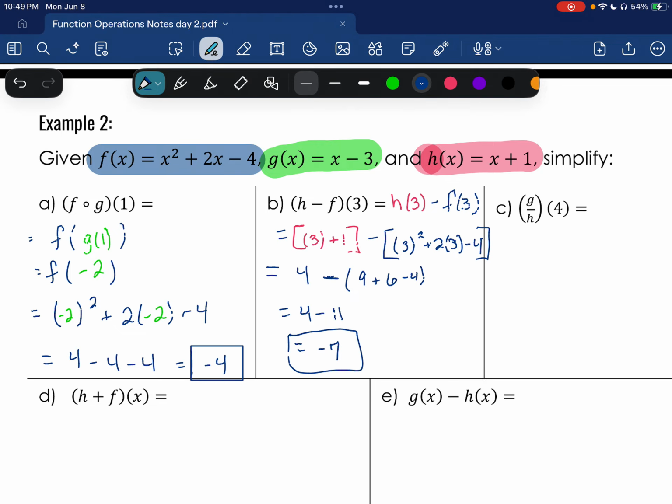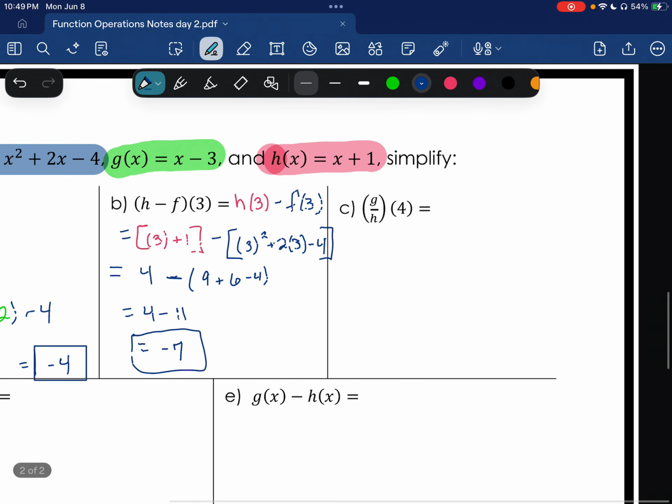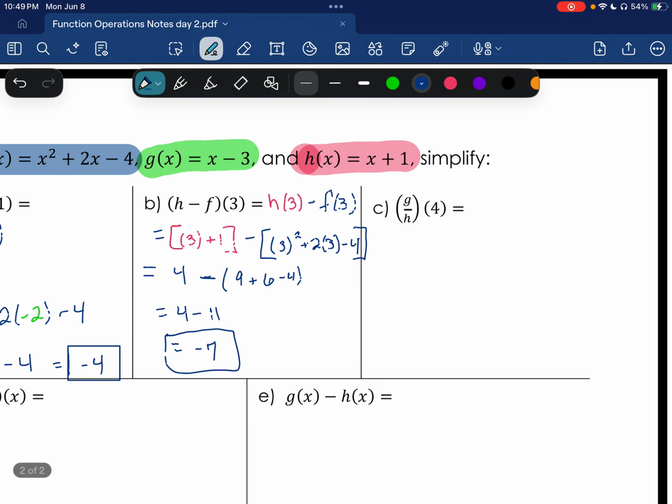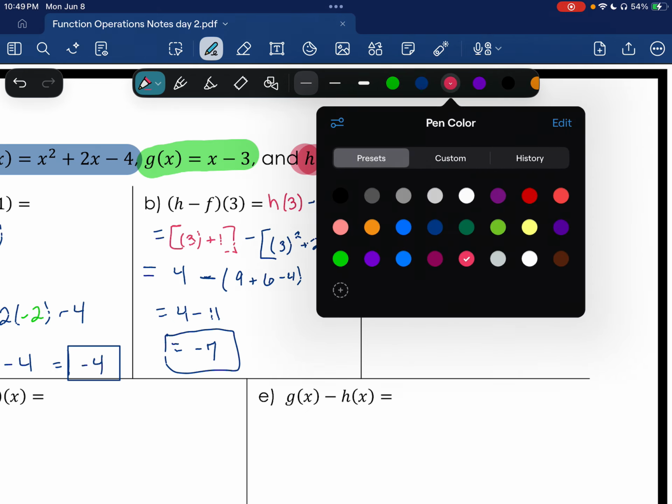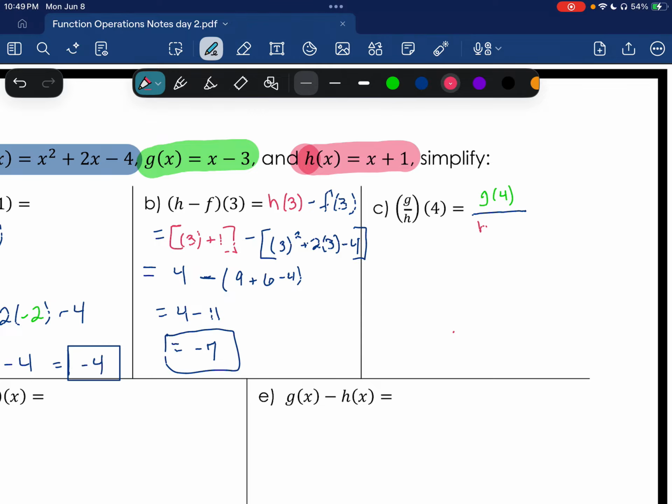Those two functions. So this will look like, we're adding those.